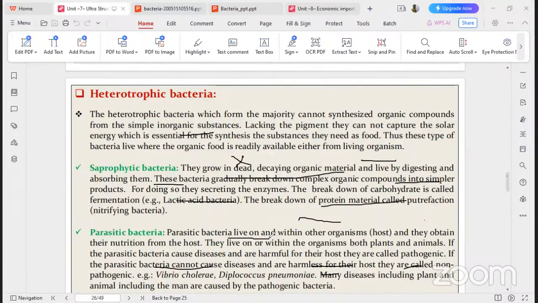Sometimes the symbiotic bacteria is also there: E. coli bacteria and rhizobium bacteria. E. coli bacteria is a symbiont in our intestine, which will make our food alkaline so that it's easy to digest.